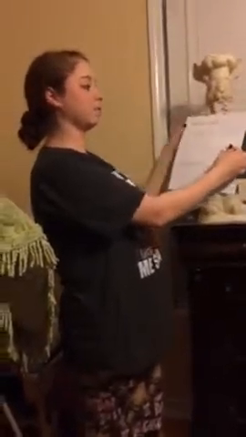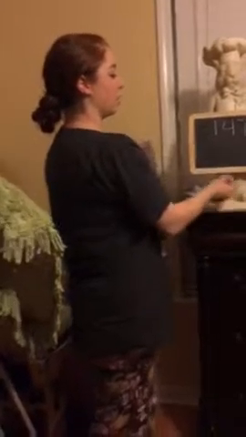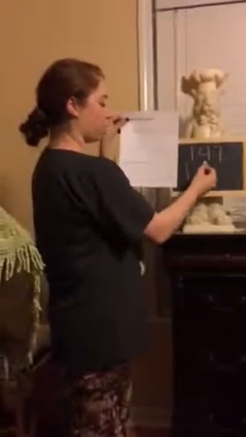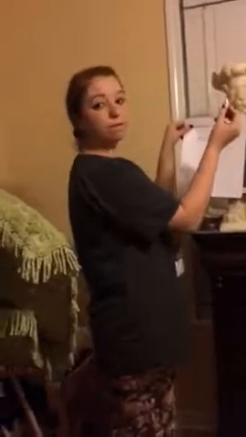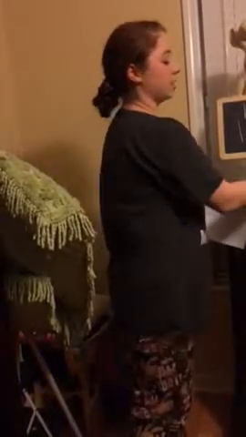I tell them you have 30 seconds to do this, and they would hurry, and they would write the number 147 in these columns, and I would demonstrate on the board. I would have these boxes on the board, and then I would write that we had 1 hundred, 4 tens, and 7 ones. And I did this with 5 different numbers.